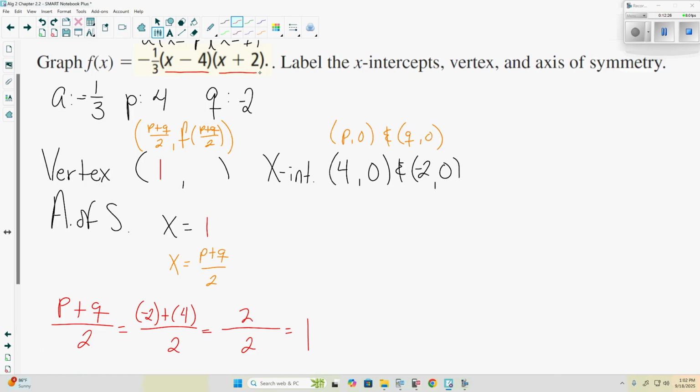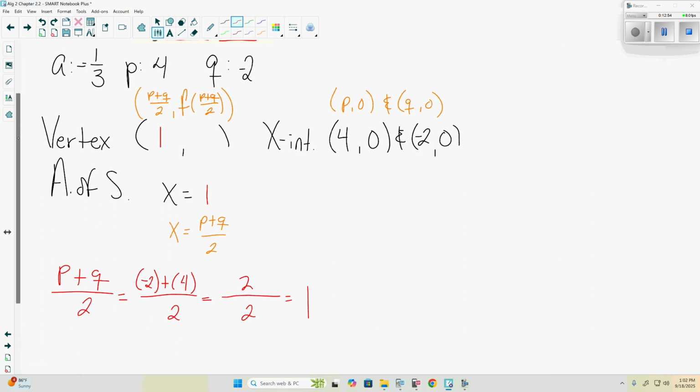When we multiply two numbers together, does order matter? 4 times 2 is still the same as 2 times 4, yes? I always get it mixed up, but I believe it's the commutative property of multiplication. We can multiply any two things in any order and still get the same number. That's all we're doing here. With 4 and negative 2, I have to pick one of them as p and the other as q.